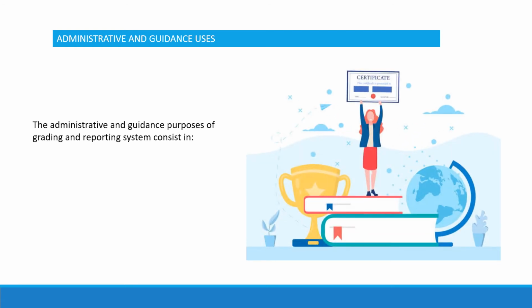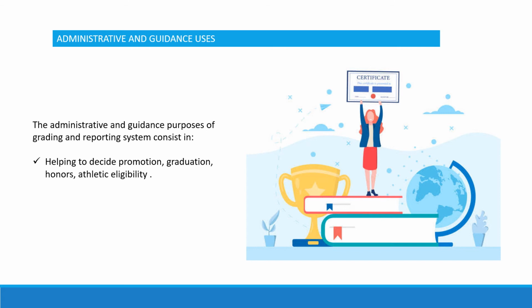Next, the third function of grading and reporting system is administrative and guidance uses. So the administrative and guidance purpose of grading and reporting system consists in helping to decide promotion, graduation, honors, athletic eligibility. Of course, as we all know, students are doing their best to perform inside the class.